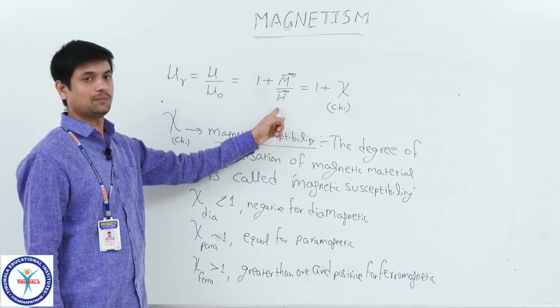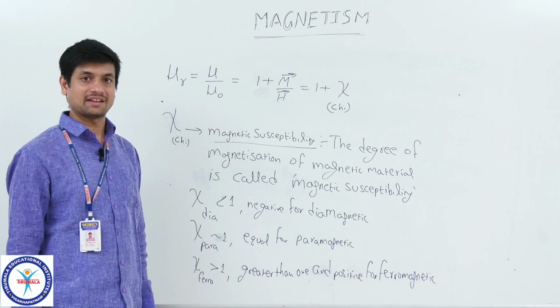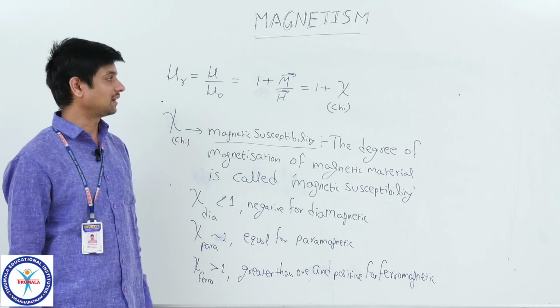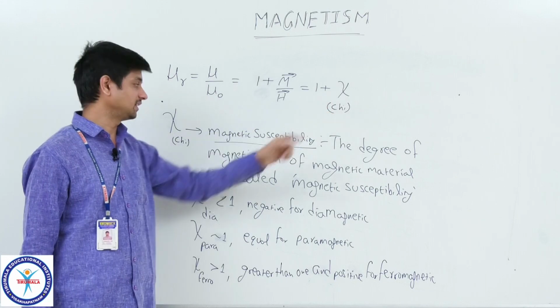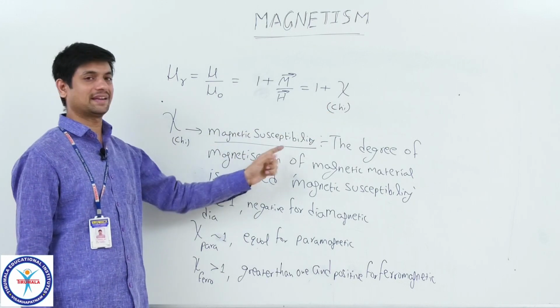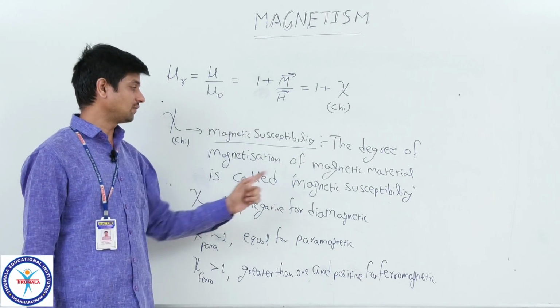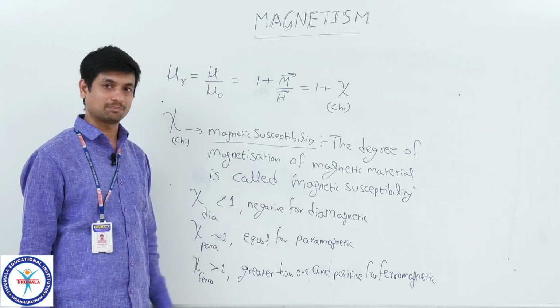This factor tells you how much the material will be magnetized. This factor is denoted with chi, and it is called magnetic susceptibility. The degree of magnetization of a magnetic material is called magnetic susceptibility.